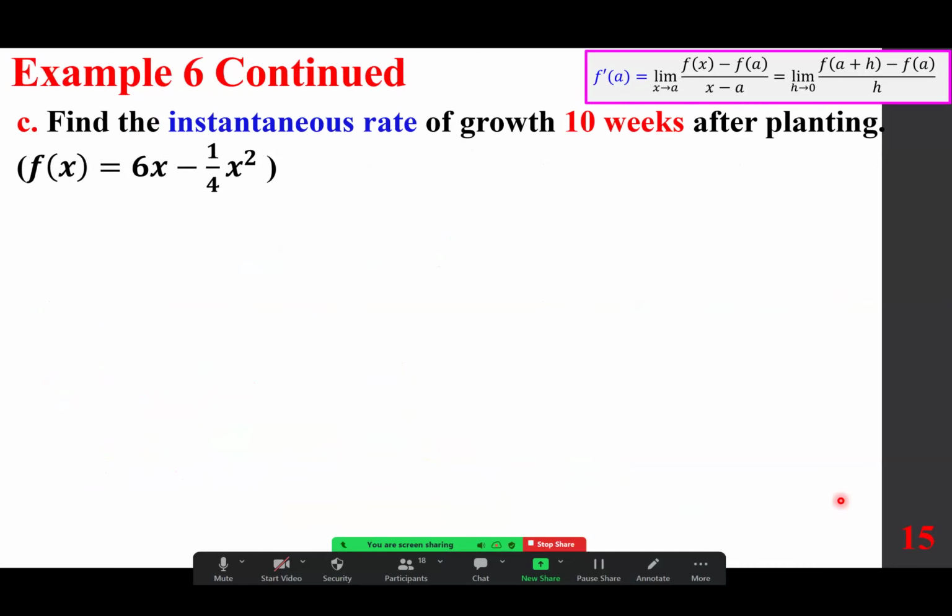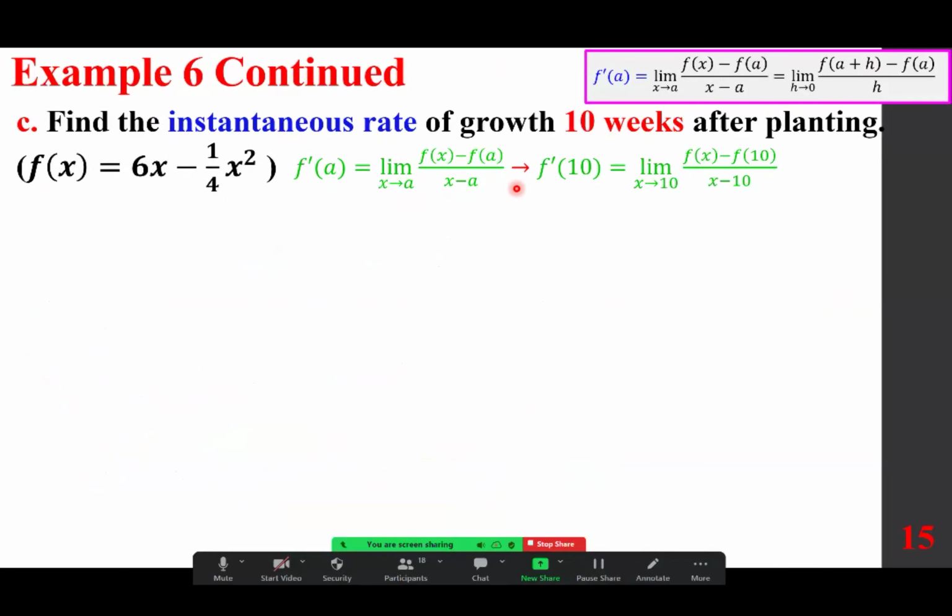Now let's go do some calculus. It says find the instantaneous rate of growth 10 weeks after planting. And in this case, even if they don't mention instantaneous, it means instantaneous because 1 point in time is given. So we're going to use one of those formulas. So we're going to use f prime of a is the limit of f of x minus f of a over x minus a as x approaches a.